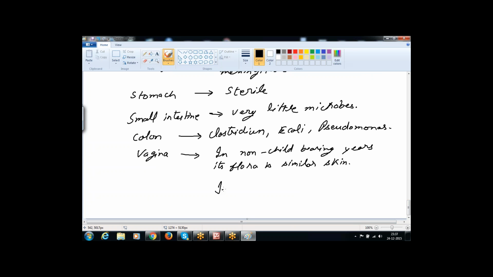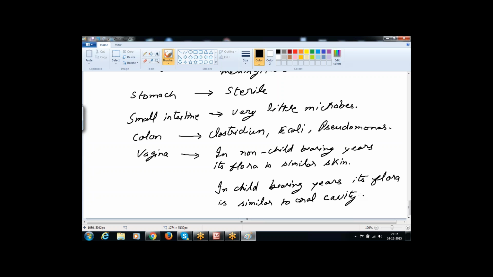And in childbearing years, its flora is similar to oral cavity. So all the streptococci, staphylococci, those will be predominant.